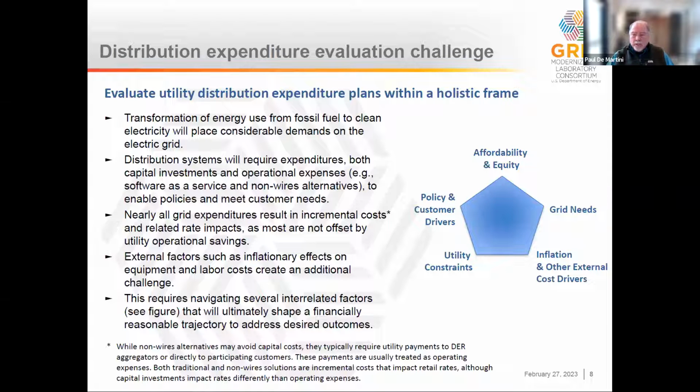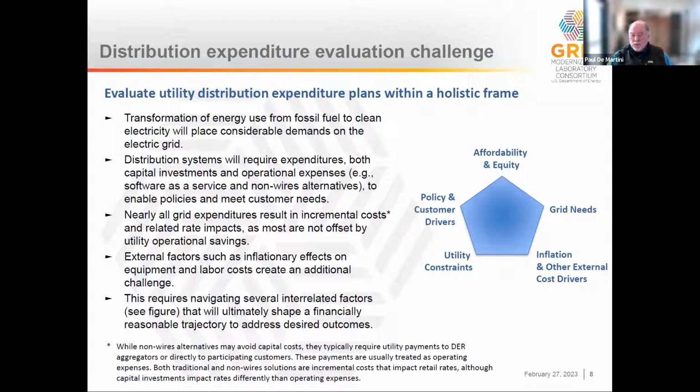So obviously affordability and equity, there are certain grid needs that may emerge based on various environmental situations, and certainly age and condition of a system. And other needs. There are policy and customer drivers that we've touched on.